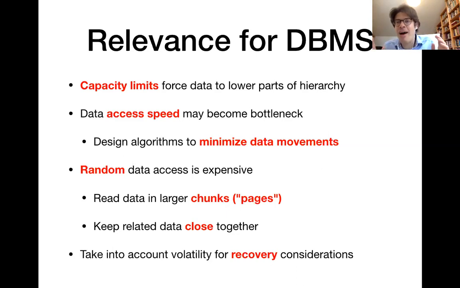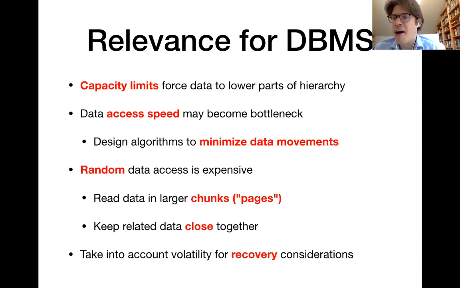And this is why many of the algorithms that we will see in the following that are used by database management systems are not optimized for minimizing the number of comparisons, for instance, but instead are optimized for minimizing how often I need to load data from hard disk. So we want to design our algorithms in order to minimize data movements.